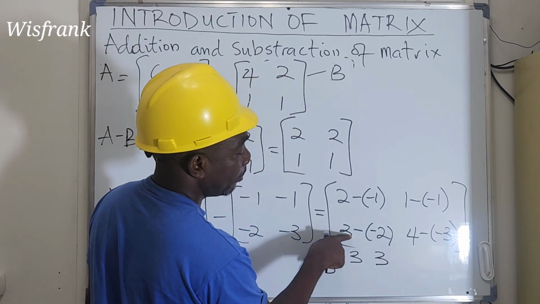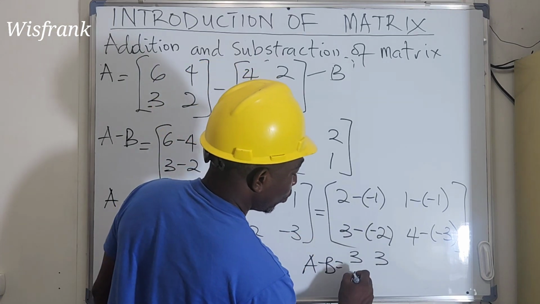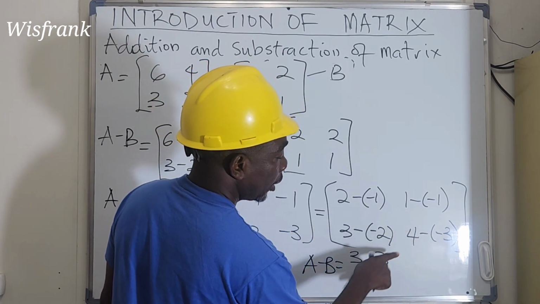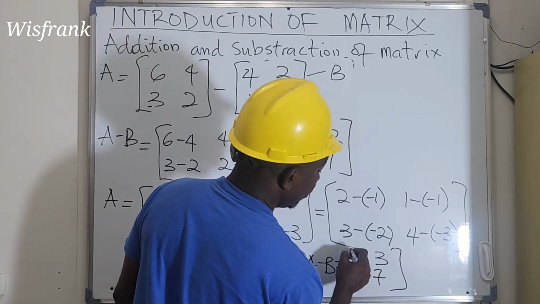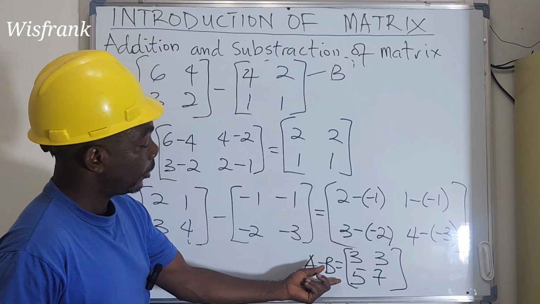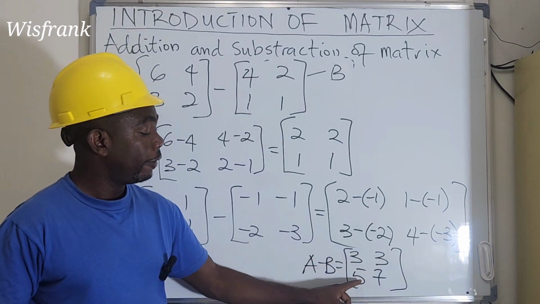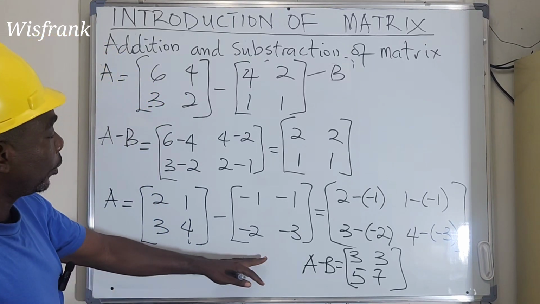Then this one is 3 minus 2, will give us 3 plus 2, which is 5. Then this one is 4 minus 3, will give us 4 plus 3, which is 7. So the solution to this matrix is 2 by 2 matrix, which is 3, 3, 5, and 7. So this is what we are going to get.